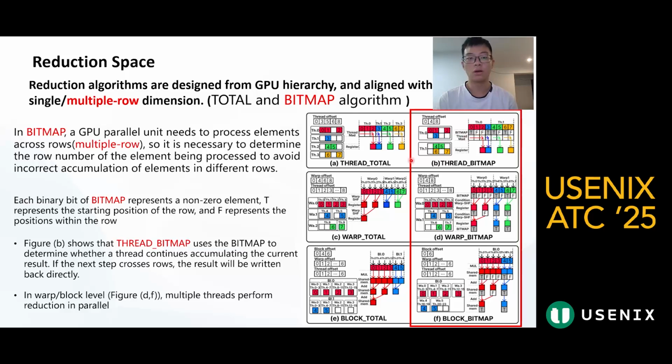Figure B shows the thread bitmap, which uses the bitmap structure to determine whether a thread continues to accumulate the current results. If the next step crosses rows, the result will be written back directly. In warp and block level, multiple threads perform reduction in parallel also.